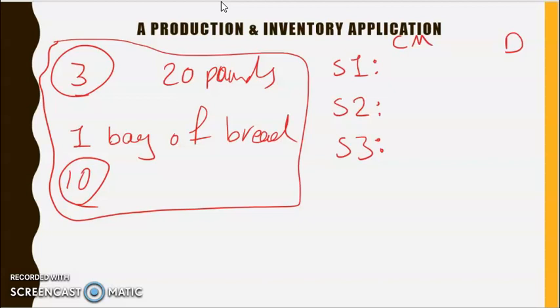Very simple problem. And also we have storing cost. So we have 3 seasons, cost of material, storing cost, and demand.